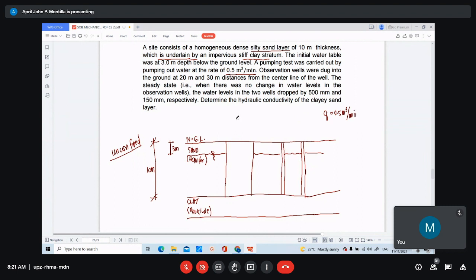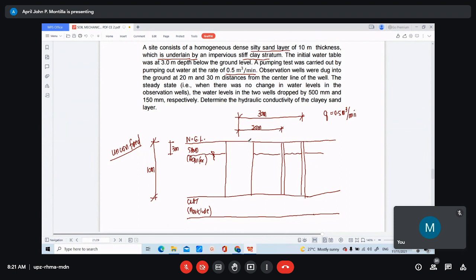And then, merong distances yung dalawang observation wells with respect to the center line of the test well. Usually, with respect tayo talaga sa center line ng test well, kahit hindi sinabi. Yung mas malayo daw ay 30 meters. Yung mas malapit ay 20 meters. Kapag nag-pump tayo, there will be a drawdown.